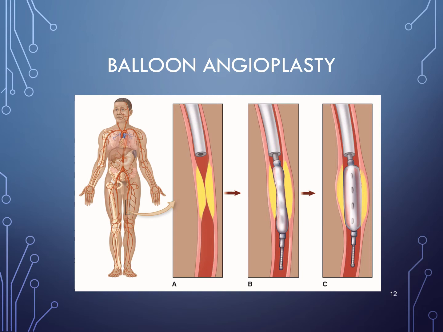The balloon is going to serve the purpose of compressing those fatty plaques up against the wall, and then that stent will go in and lock in place and help hold that vessel open. And this is a procedure that typically occurs in the cardiac cath lab and not in the operating room itself.